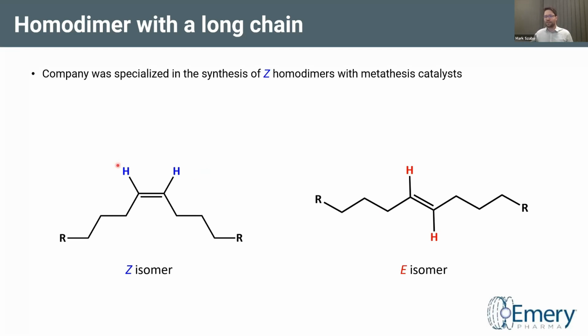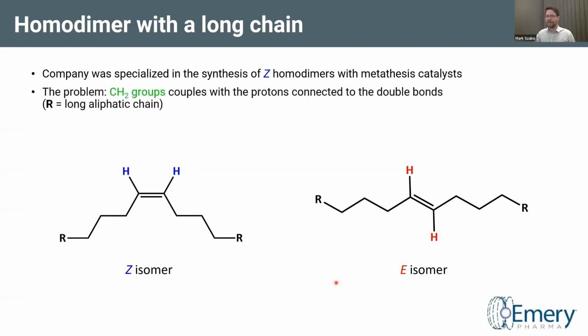But here you can see the Z and E isomer. But in this case, in these homodimers, there is a problem, namely that we have methylene groups connected to the sp2 carbon atoms. And these methylene groups couple with the blue or the red protons.